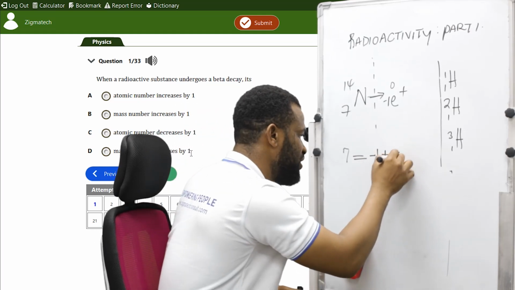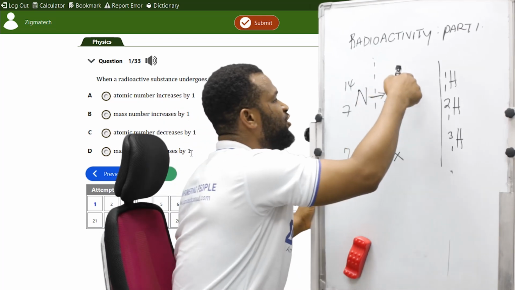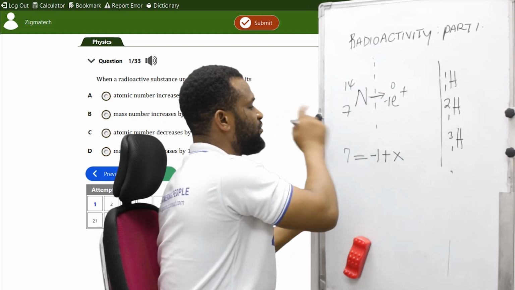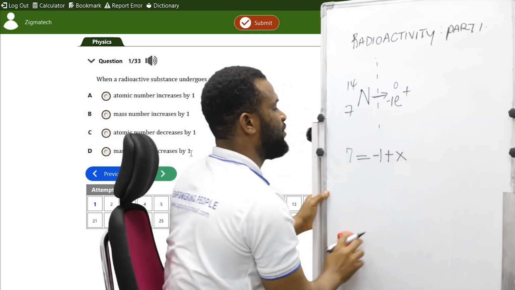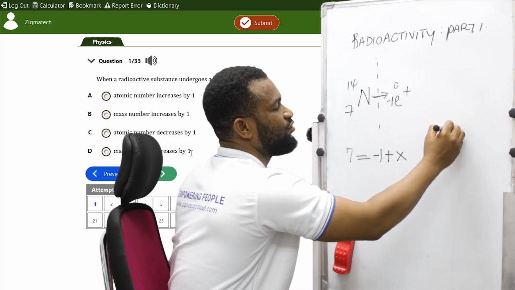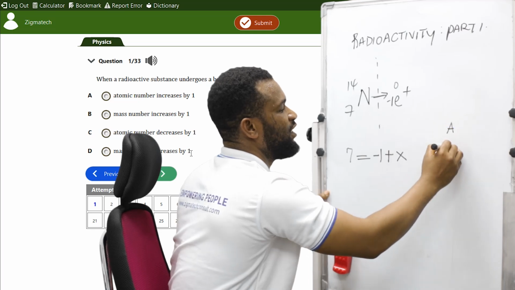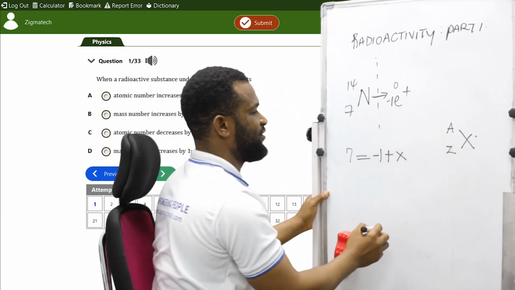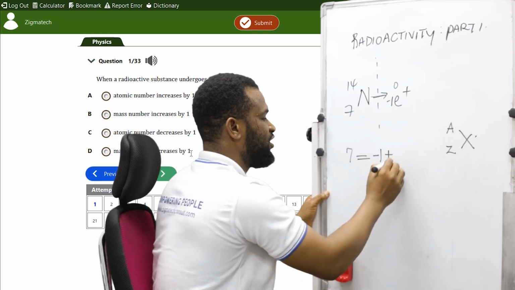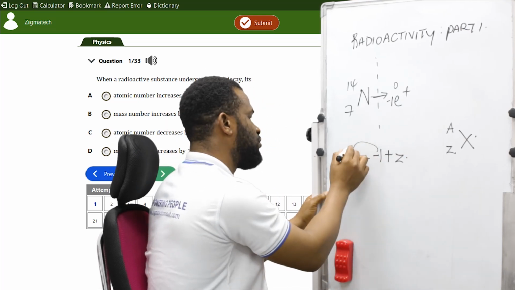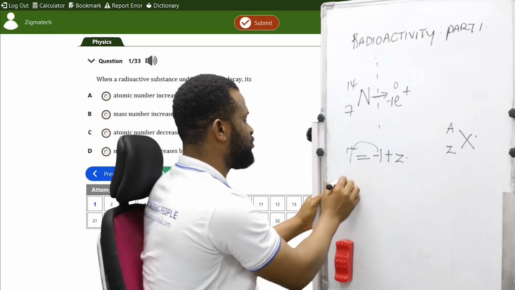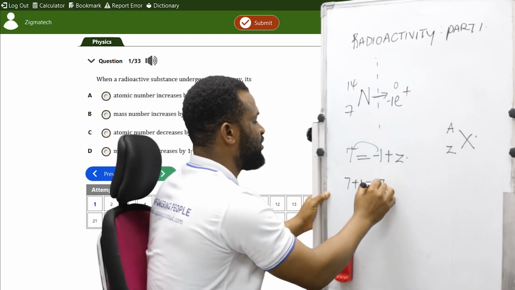I don't know what it should be. So I'm going to be putting a new element that will be formed because of this nuclear reaction. So let me have here to say this is going to be A, Z, and X. All right, so I'm calling this one Z. So this is going to be what? You are taking 1 to the other side of the equation, so it becomes 7 plus 1 equal to Z.